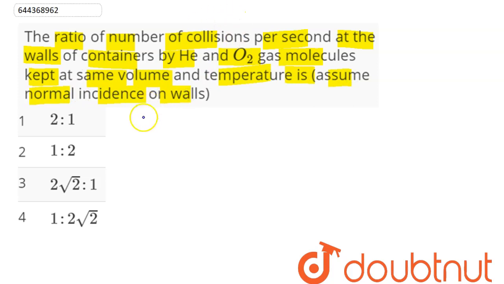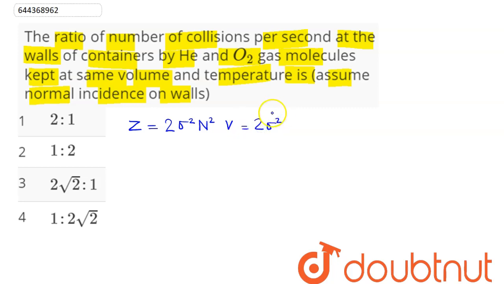So we can say the collision frequency Z, the number of collisions per unit time, is given by the formula 2 into sigma square into n square into V, which comes to 2 sigma square.